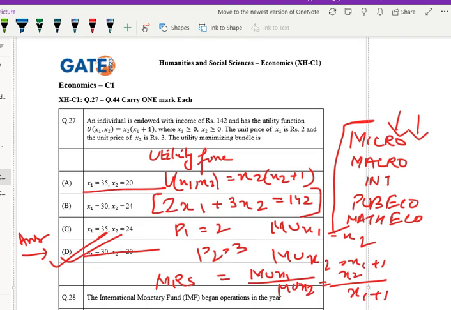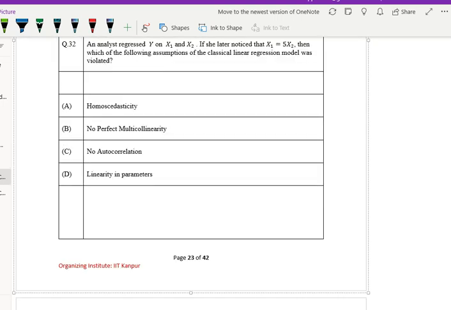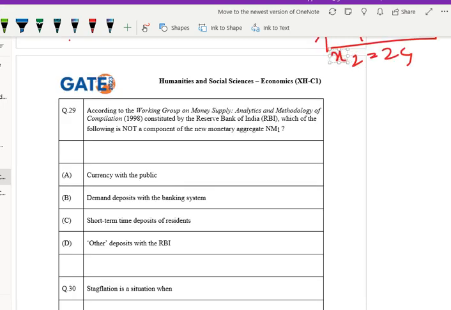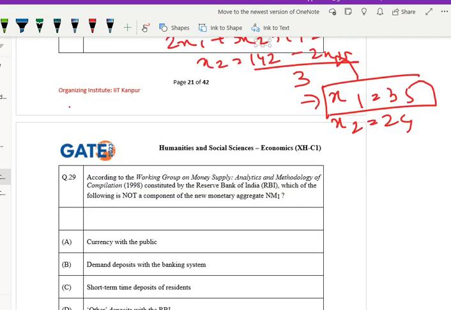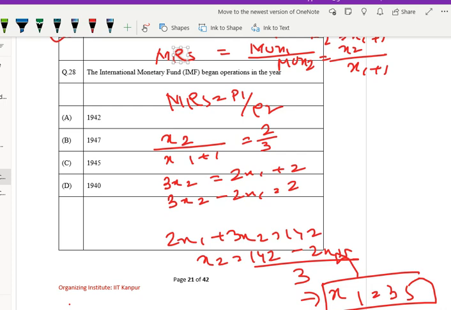Is that clear? Now we have the next question on IMF, International Monetary Fund. The IMF began operations in the year 1942, 1947, 1945, 1940.